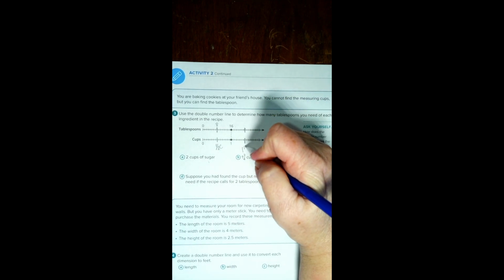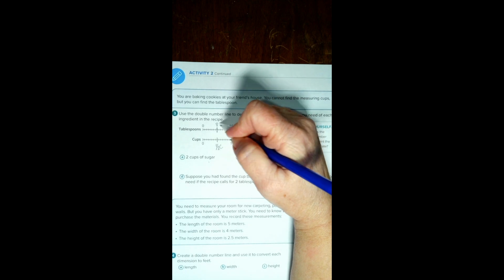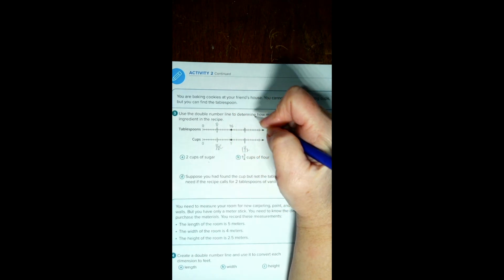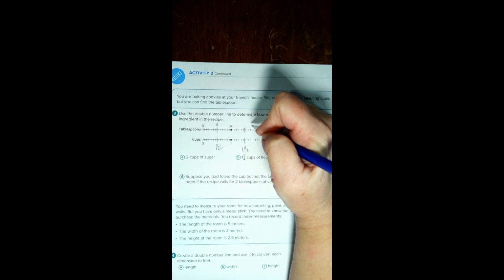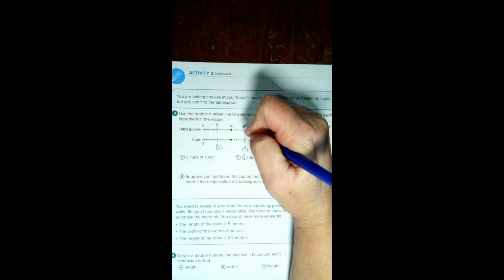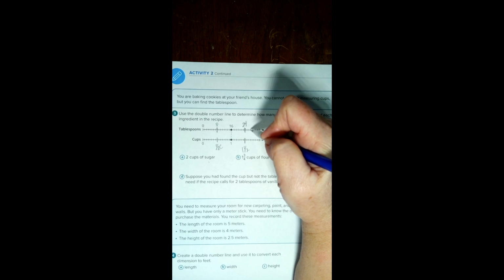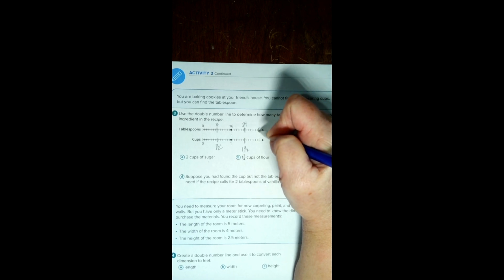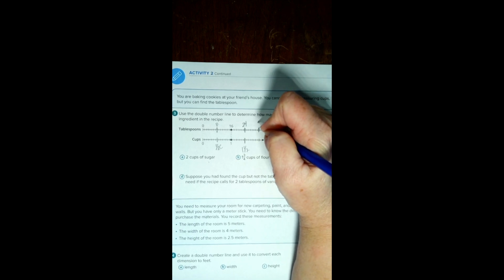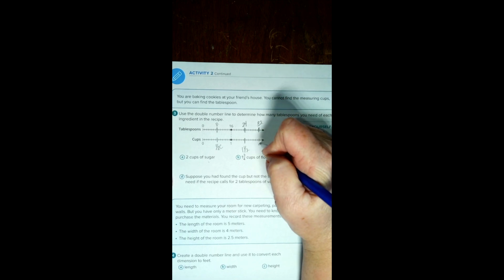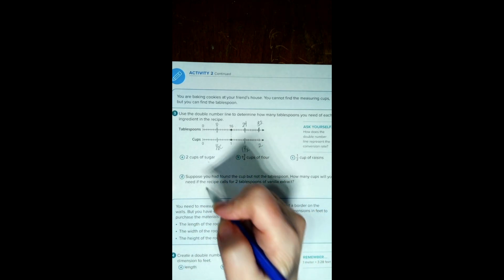So here's 1 1/2 cups, and this is going to be going up by 8s. So we will have 24 tablespoons, and then here we have 32 tablespoons and 2 cups. Okay, so 2 cups of sugar is going to be 32 tablespoons.